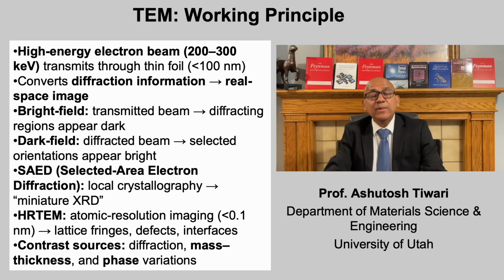By placing a small aperture in the back focal plane, we can isolate diffraction from a single region and record a selected area electron diffraction, SAED, pattern. This provides local crystallographic information, essentially a miniature XRD from an individual grain.